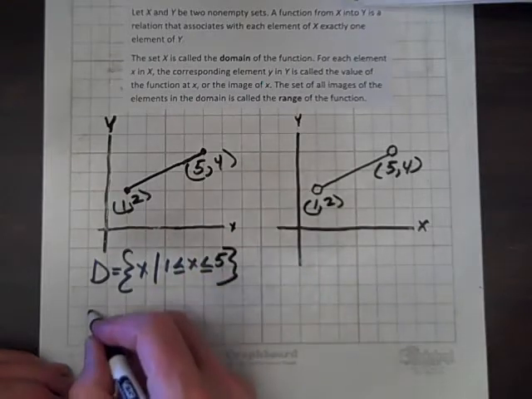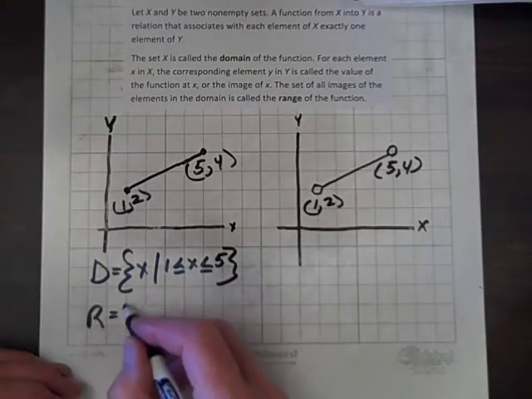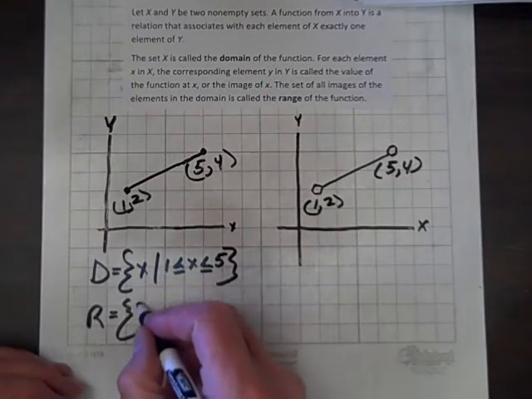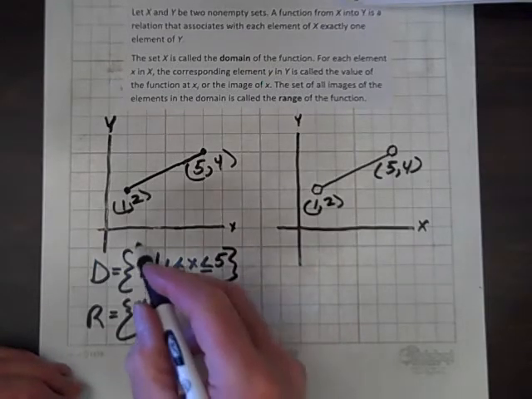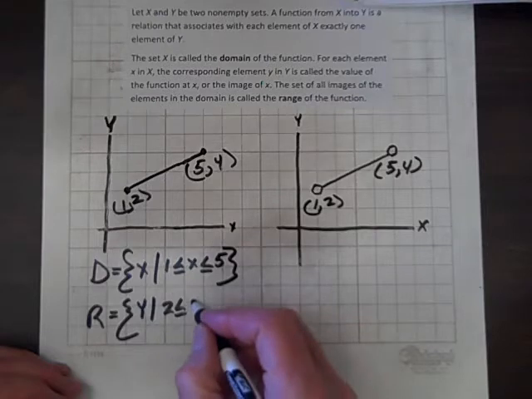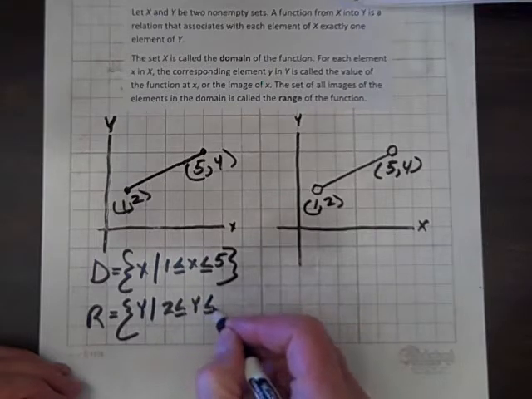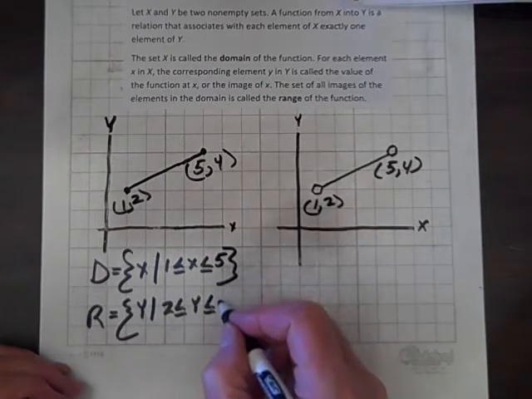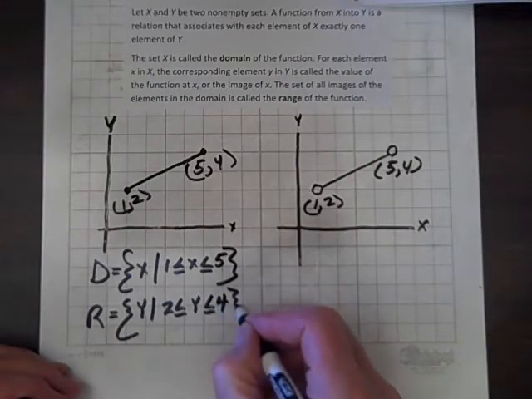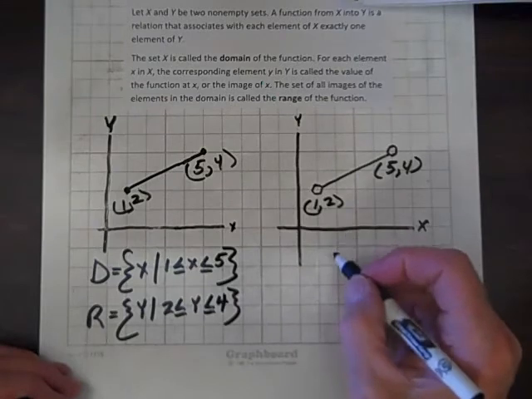As to the range, those are the corresponding vertical coordinates, and the smallest y, such that vertical coordinate in the graph is 2, and that's less than or equal to y, which is less than or equal to the largest y coordinate in the function, 4, and we're done with that function.